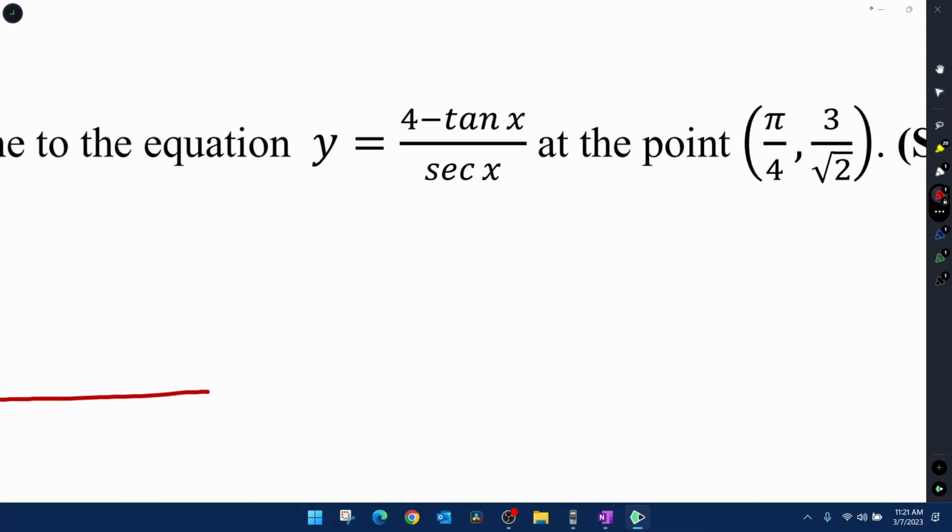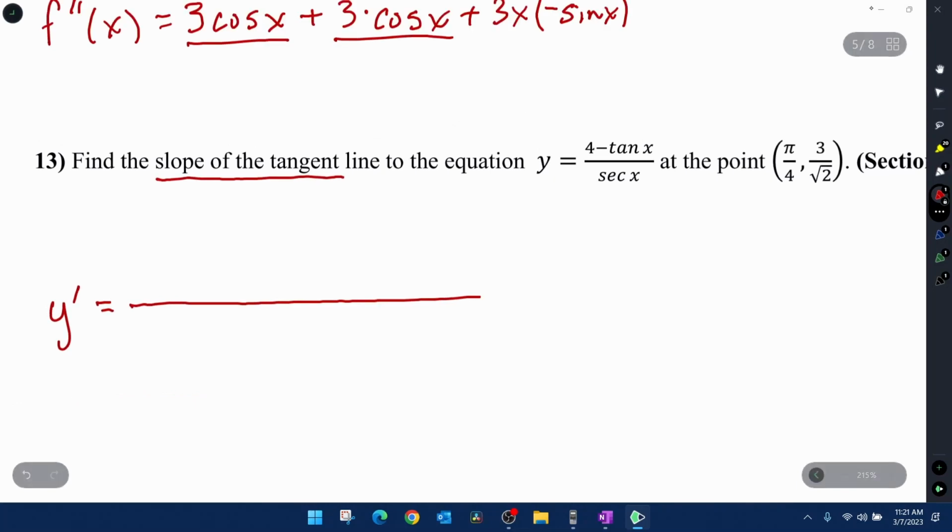And does anybody know the derivative of tangent? Is it secant squared? But it's going to be negative, okay? All right, so what do we say? It's the derivative of the top times the bottom minus the top times the derivative of the bottom.